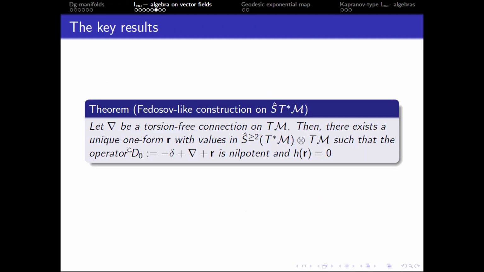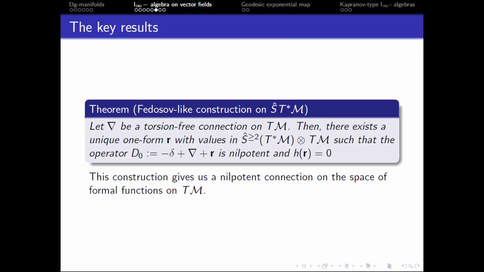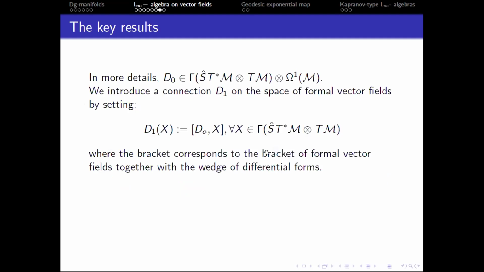So I'm going to use this operator d0 to obtain this delta in some way. So now with this in mind, we just have a nilpotent connection on the space of formal functions on Tm. What I'm going to do now is, as I told you, define this delta.